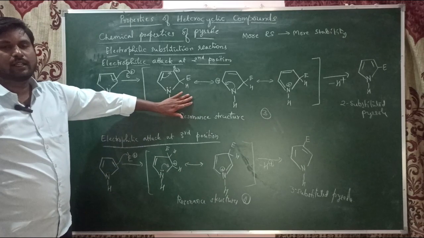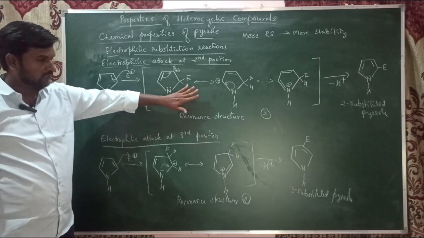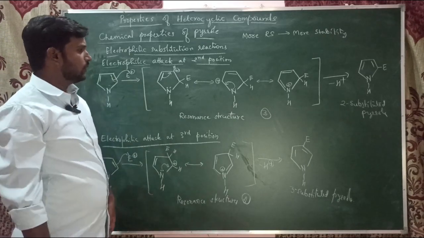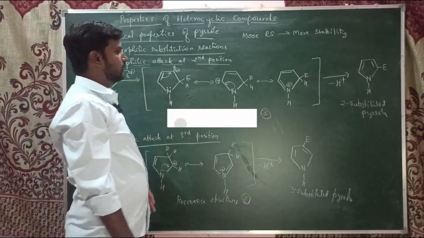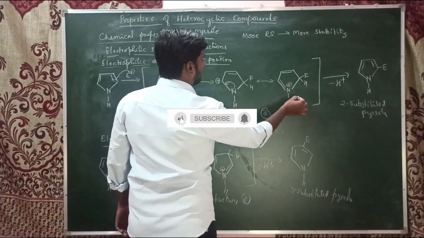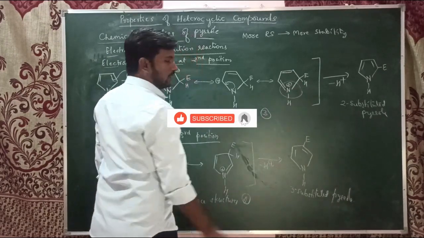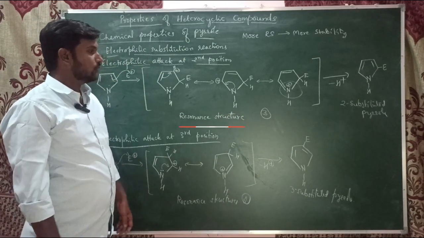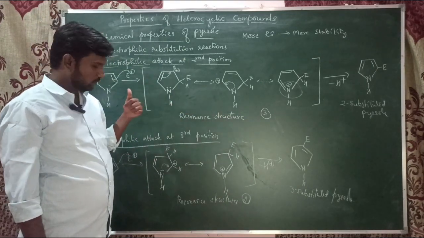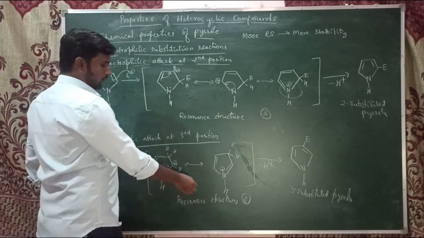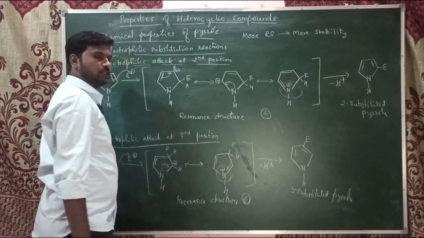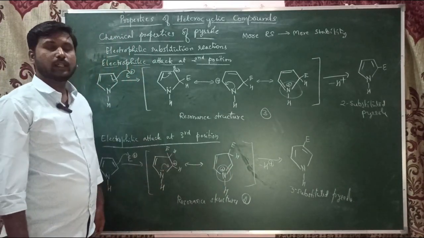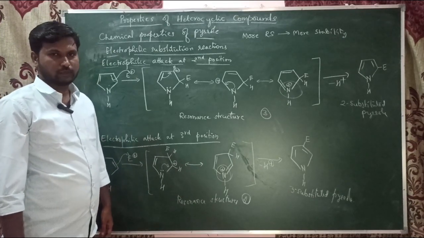So this carbocation is more stabilized by resonance, and this carbocation is less stabilized. Among these, the third resonance structure, which has the positive charge over the nitrogen, is also unstable. So these two are more stable. Here also we can see the positive charge over the nitrogen, because nitrogen, as a highly electronegative element, cannot hold a positive charge.